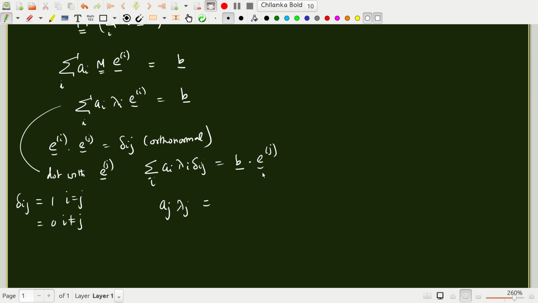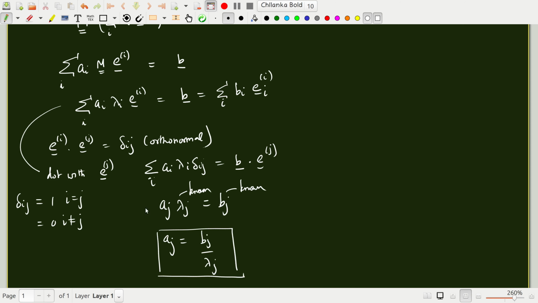Now b dot ej, if you imagine the vector b to be expanded in the eigenvector basis itself, will be bj. The lambda j's are known, and the bj's are known because b is a known vector. So the unknown coefficients are given simply by bj divided by lambda j.